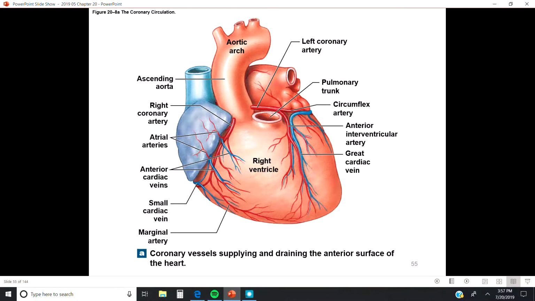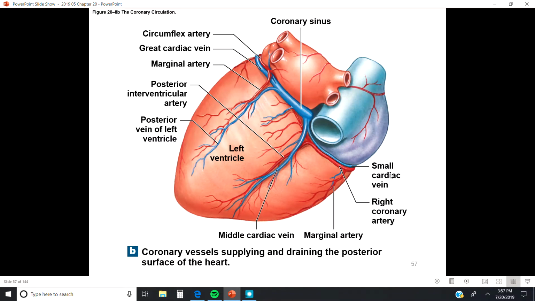Now we lose it here, it goes to the back, and we see it right here come around the back this way, and then it ends right here as the posterior interventricular artery. That sits in the posterior interventricular sulcus. So the artery has the same name as the sulcus, so it's very easy to remember.